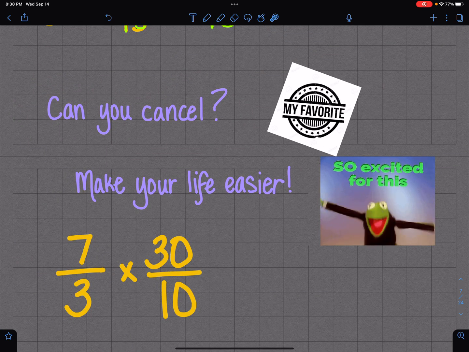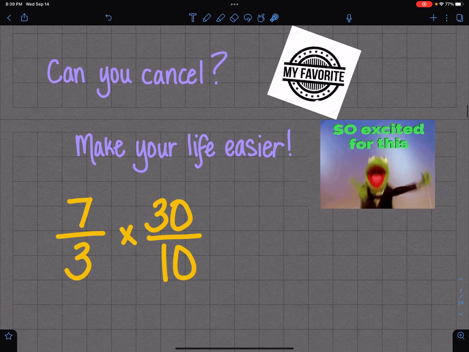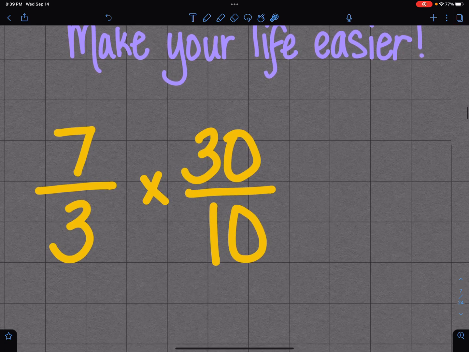It makes your life way easier when you're doing math, and it's super satisfying and fun. So the thing about canceling, and I think that you probably remember how to do this, but if something is the same on the top and on the bottom, you can cancel it out. So if this were a 3 and this is a 3, then you could just cancel it out and they kind of turn into ones when you do that.